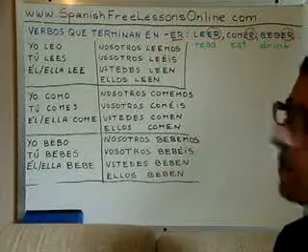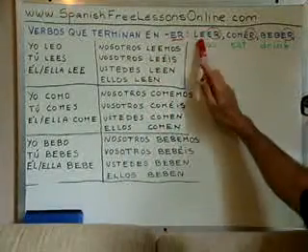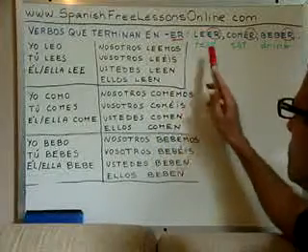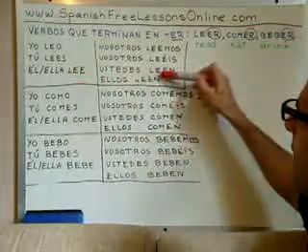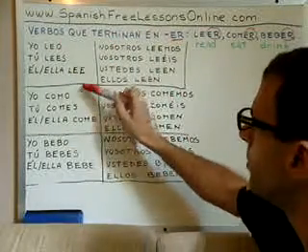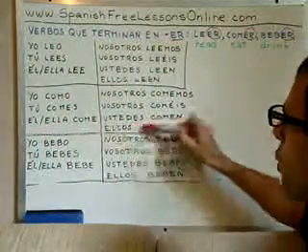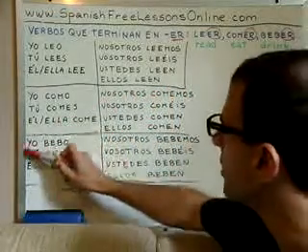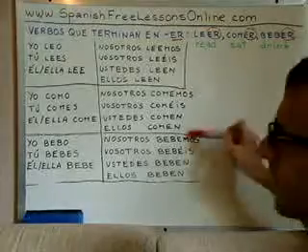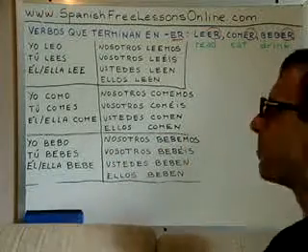So let's begin with the verb leer, or to read. Here we conjugate the verb leer. Here we'll conjugate the verb comer, to eat. And here we will conjugate the verb beber, or to drink.